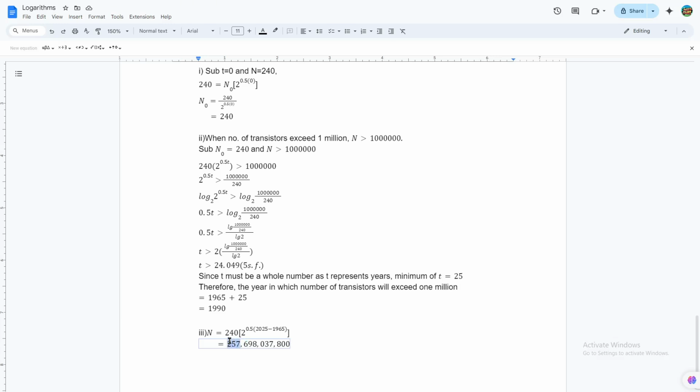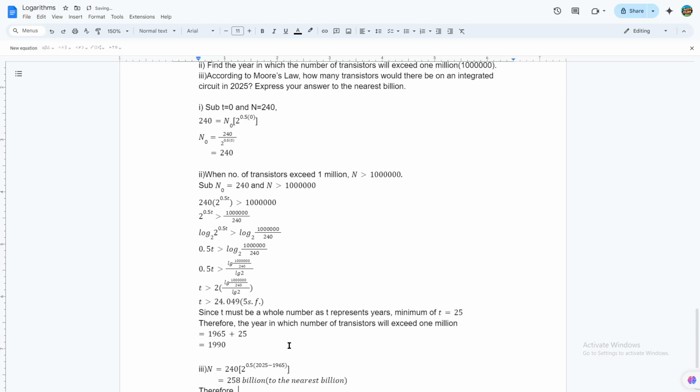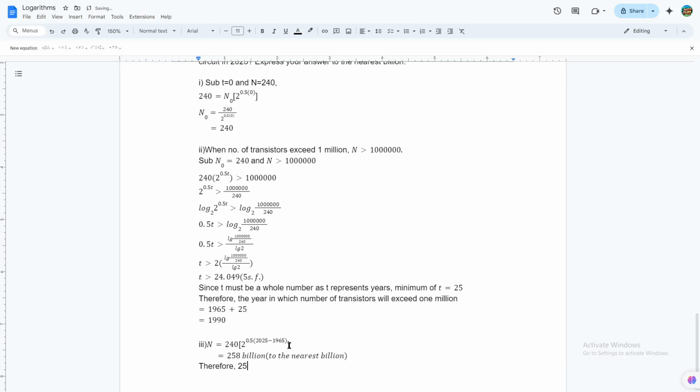So we need to round this part off, and it becomes 258 billion to the nearest billion. So therefore 258 billion transistors would be on a circuit in 2025.